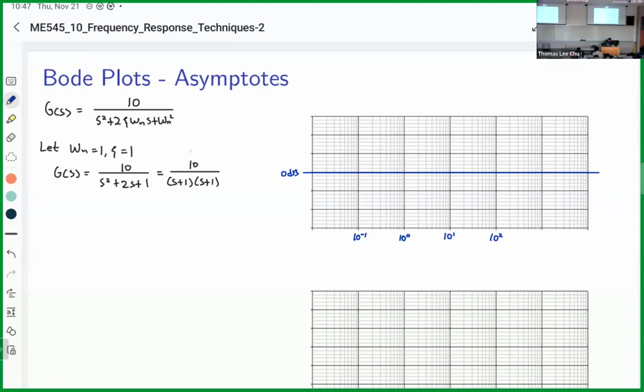And if we look at the starting point of 20 log of G of 0, we get 20 log of 10, which is equal to 20.